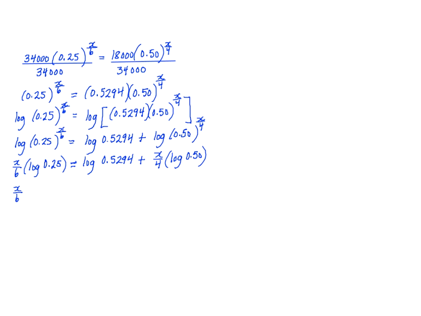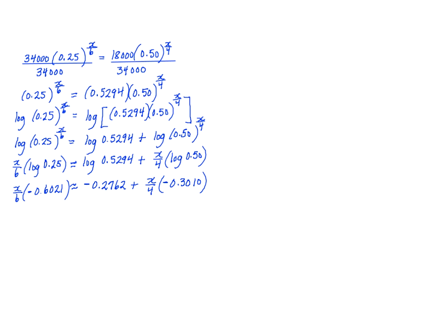So we have x over 6 multiplied by a negative decimal 6021 will approximately equal the log of decimal 5294, which is approximately decimal 2762, plus x over 4 multiplied by the log of decimal 5, which is a negative decimal 3010.